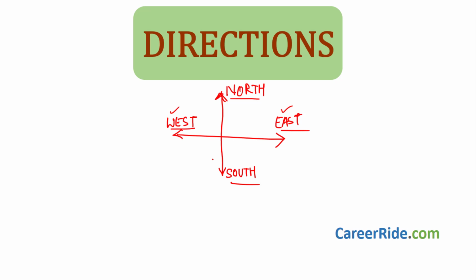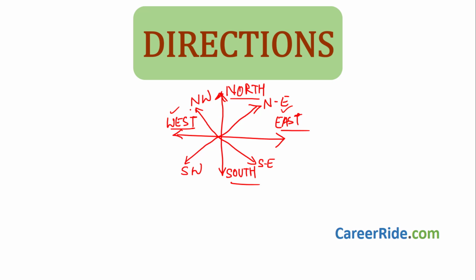Apart from these, there are 4 other directions. Take a look. This is north east because it lies between north and east. This is south east because it lies between south and east. This lies between south and west, so it is southwest. This lies between north and west, so this is northwest.